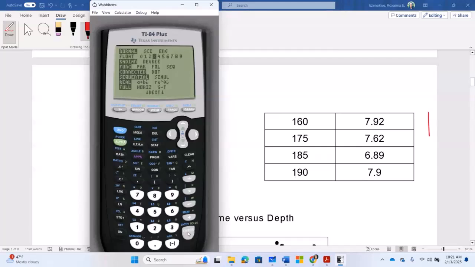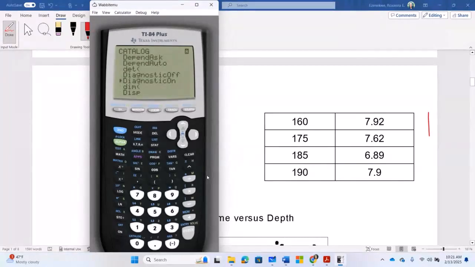And also, I want to turn diagnostic on. So I go to second catalog, second 0, and I'm looking for diagnostic on, under D. So I arrow down, and look for diagnostic on.